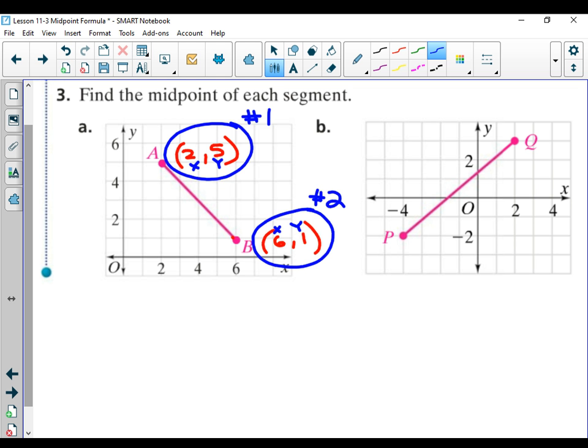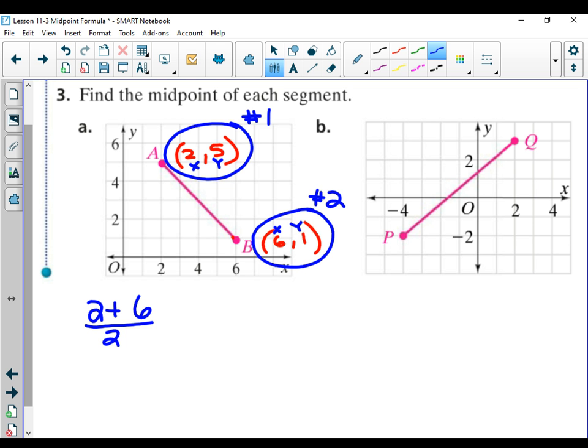So when I need to take the x from group 2, that would be 6. Oh, I went out of order. X from group 1, 2. 2 plus 6 divided by 2.